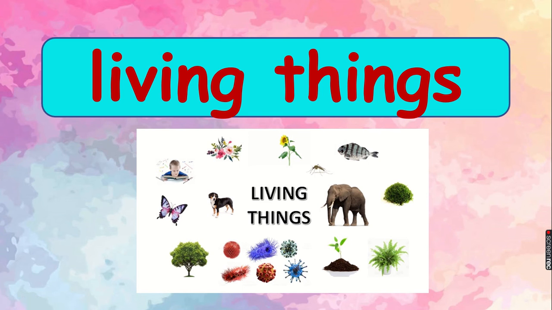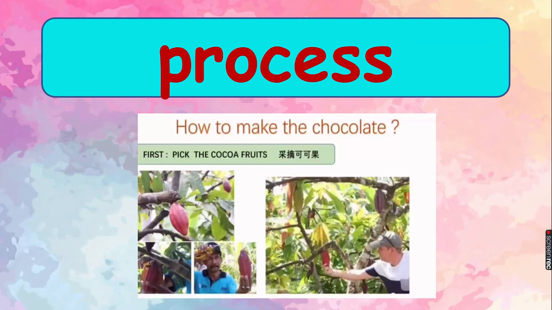Things that can move, reproduce, grow, have a lifespan. All those that possess the 7 characteristics are living things. Let's say this word again. Living things.